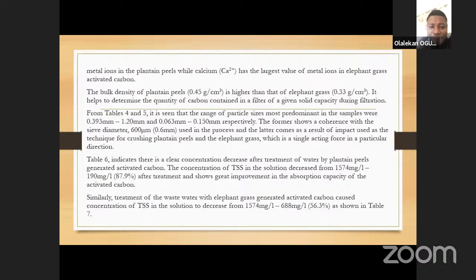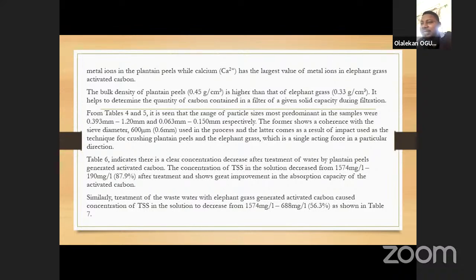Likewise, from table 4.5, as explained there, we can see that the range of particle size predominant in the sample is measured between 0.393 millimeter to 1.20 millimeter and 0.0363 millimeter to 1.056 millimeter respectively for the two activated carbon.